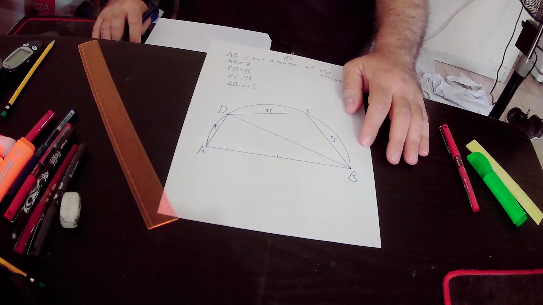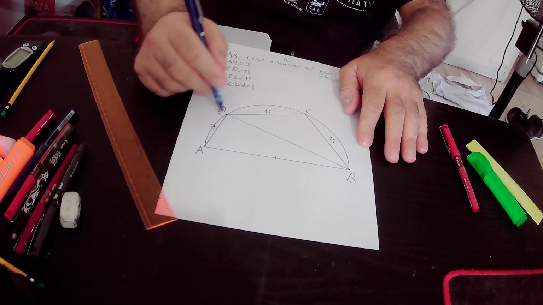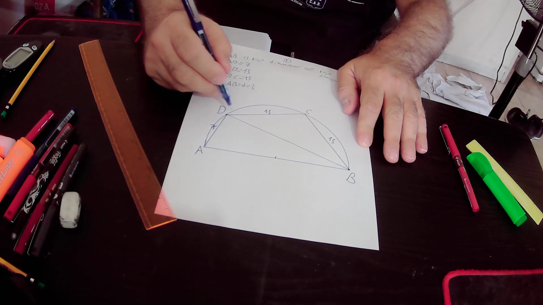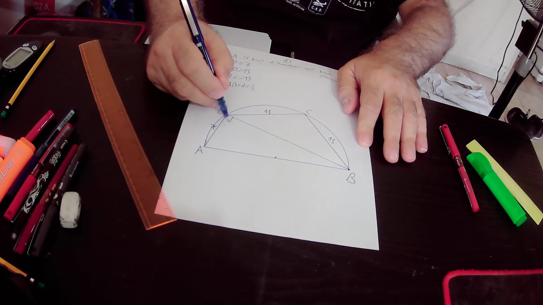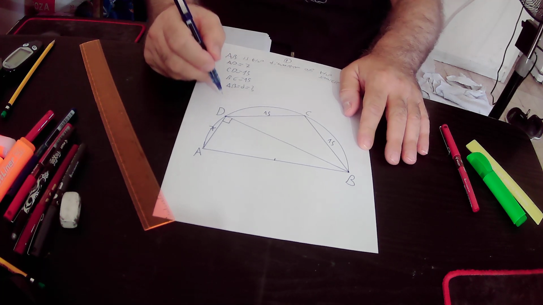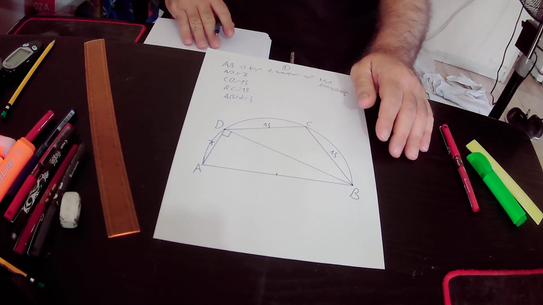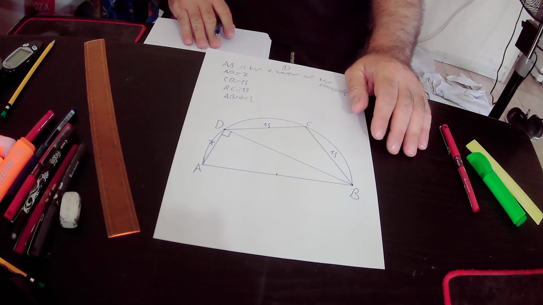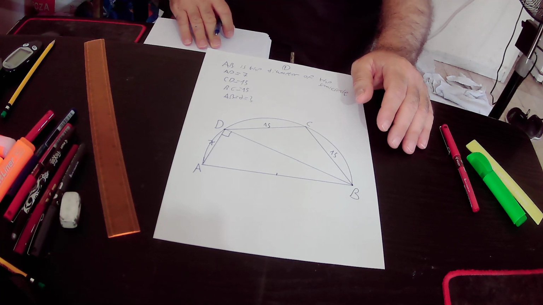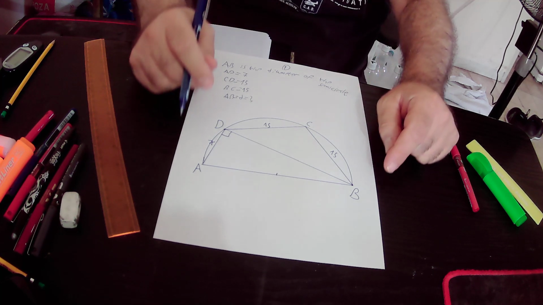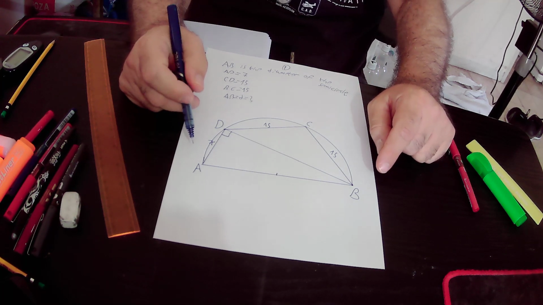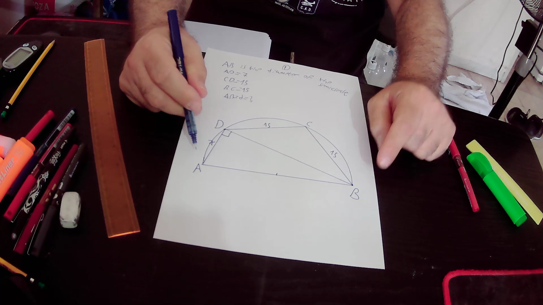So actually the peripheral angle ADB equals 90 degrees. It is a right angle according to rule number 1, that states that a peripheral angle resting on the diameter of the semicircle or circle equals 90 degrees.